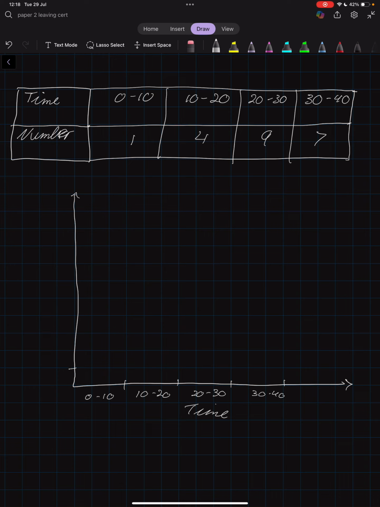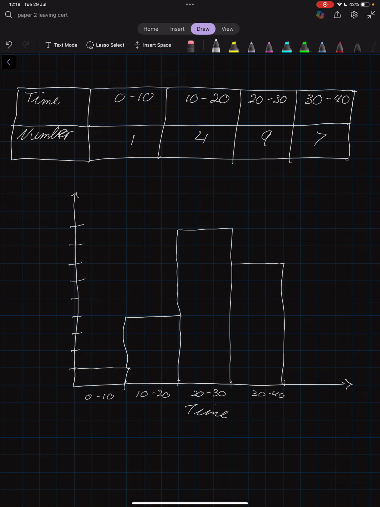And then up here would be 1, 2, 3, 4, 5, 6, 7, 8, 9. And then you just draw in how many there is. So there's 4, then there's 9, so we'll go up here. And then there's 7.